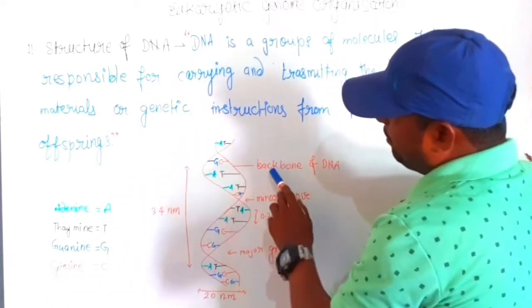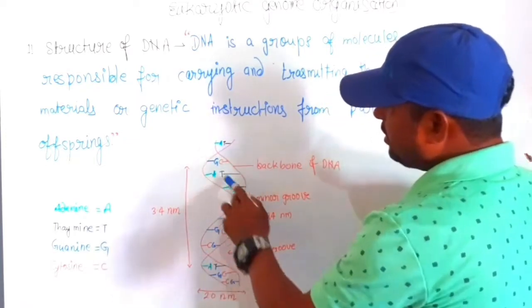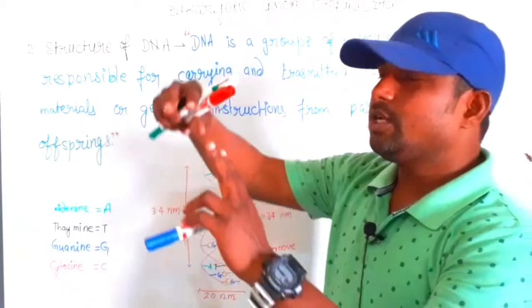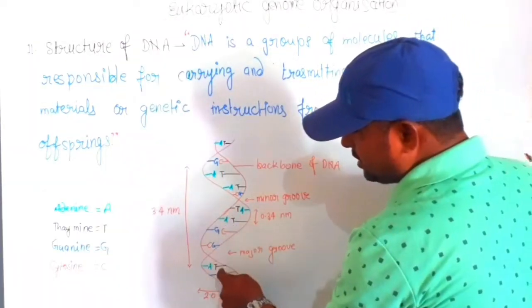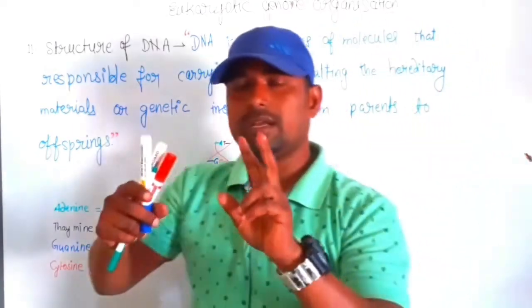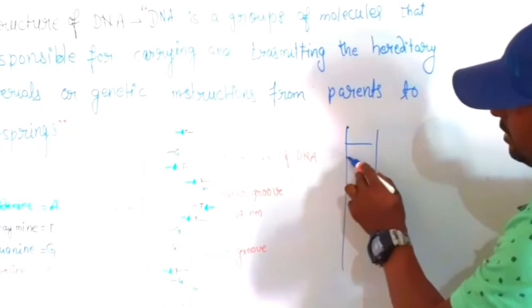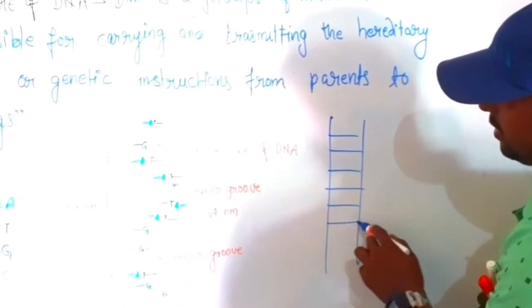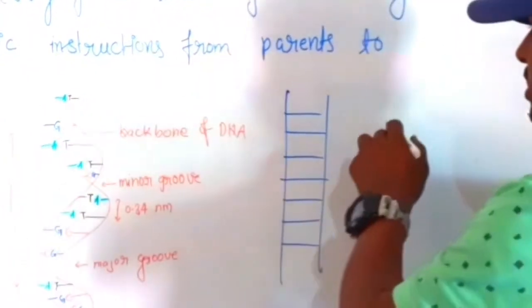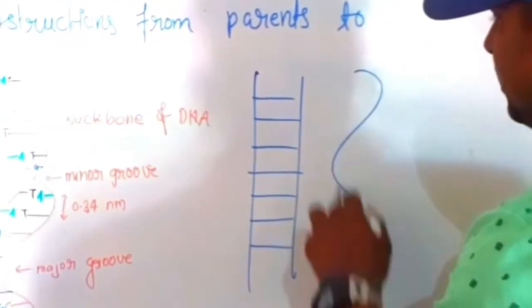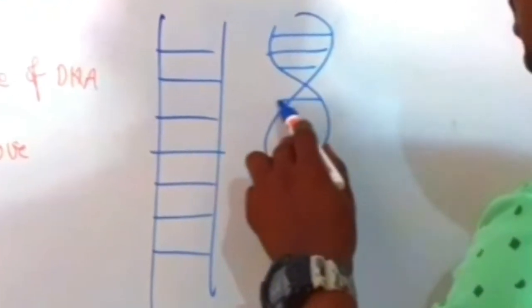Both backbones of DNA are like twisted stairs, ladders. If you have a ladder, when this ladder is twisted, such a type of structure is obtained.